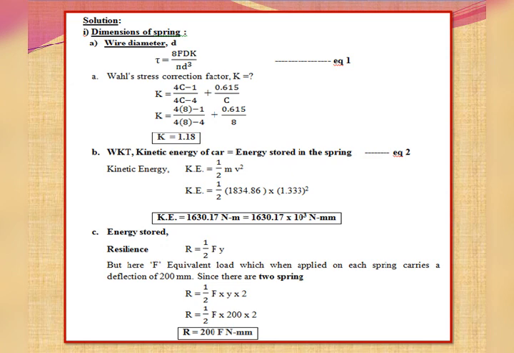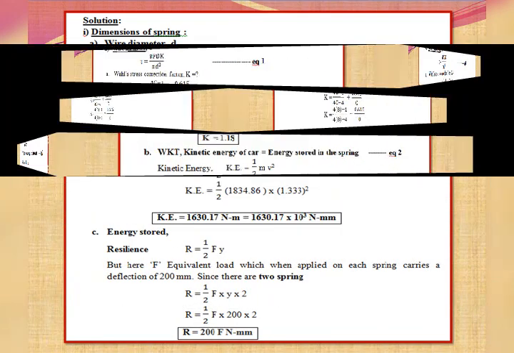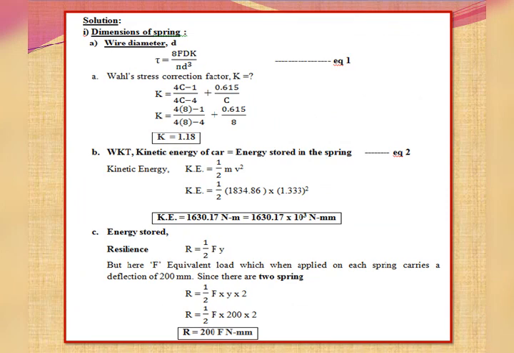Kinetic energy of the car, Ke, is equal to half into m v square. The weight of the car, 18 kilonewton, we converted into mass, and we got 1834.86 kg, that I have substituted. And velocity 80 meters per minute is given, that we already converted into meters per second, that I have substituted, 1.333 whole square.